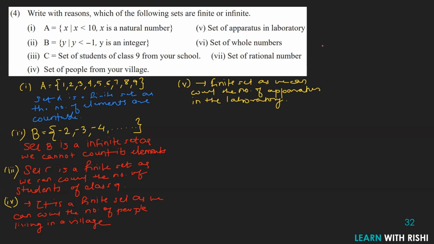Sixth question. Set of whole numbers. Now whole numbers we denote usually by W, capital W. What are set of whole numbers? 0 and natural numbers. 1, 2, 3, 4 and so on. So this will be an infinite set as the elements are not countable. We cannot count the number of elements.